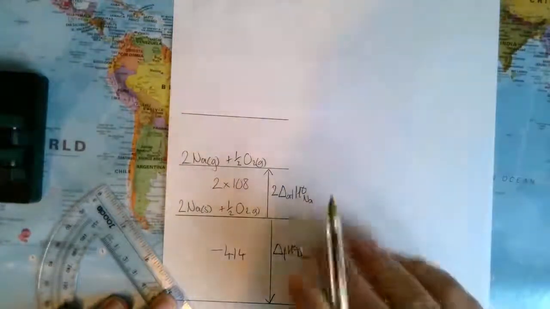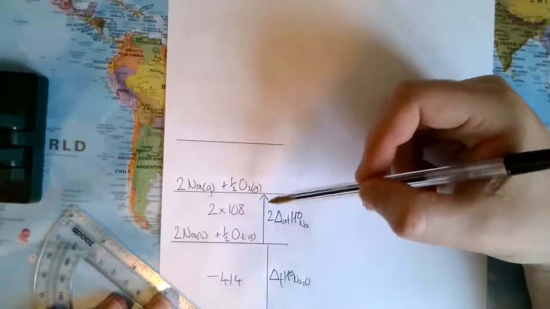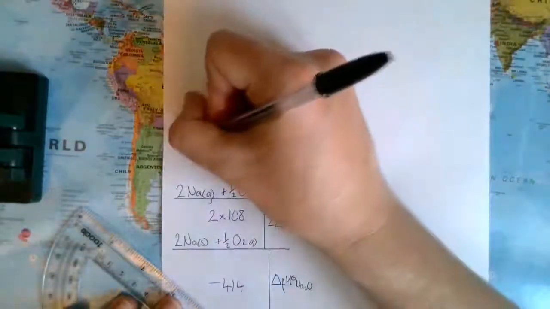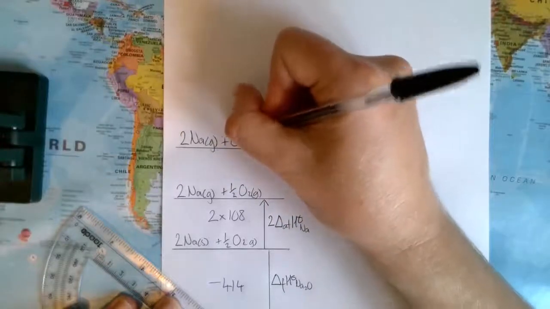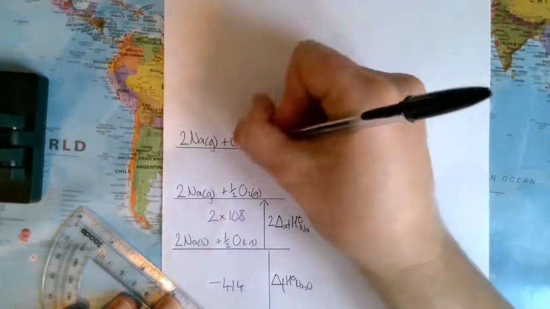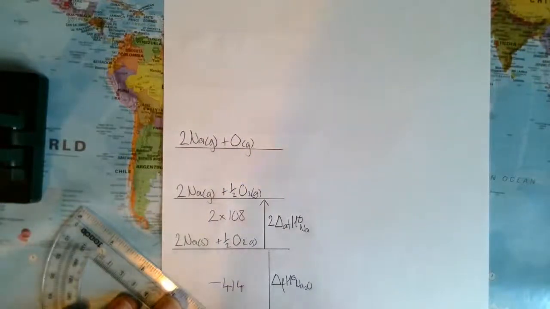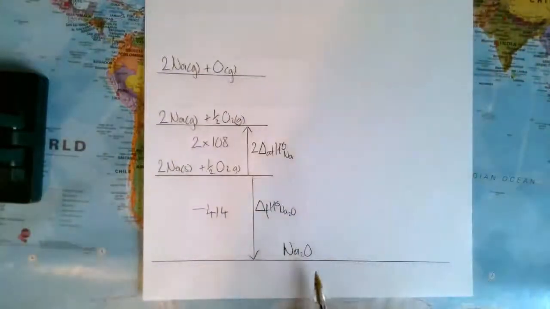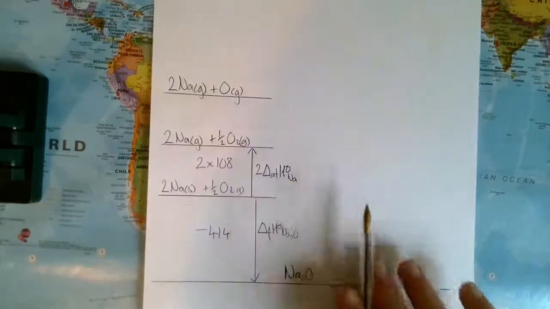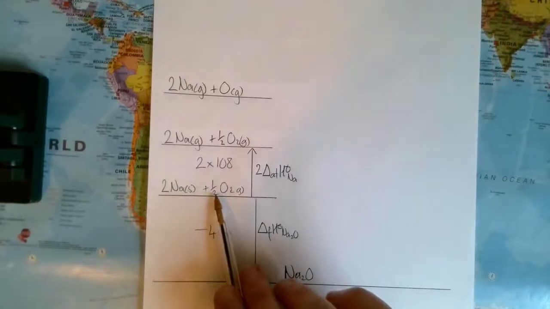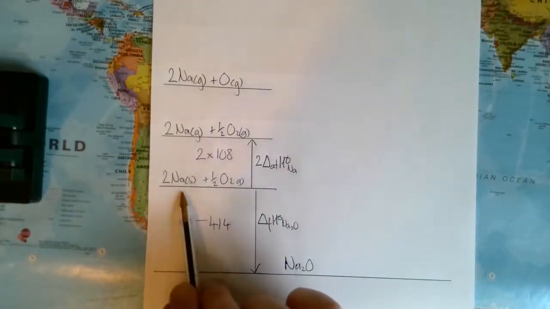The next thing we're going to do is atomize the oxygen. Nothing whatsoever changes about the sodium, but the oxygen goes to form 1 mole of oxygen atoms. Again, use the formula that you're given for the compound to work out how much of each of the elements you need to start off with. There were 2 sodiums, so we have to have 2 sodiums here.